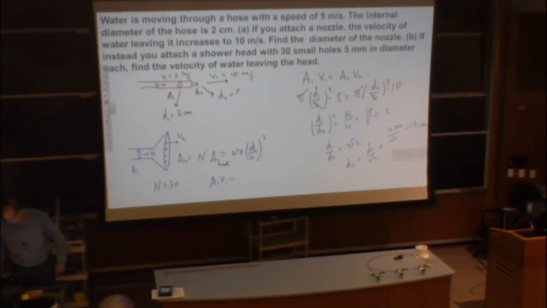A1 V1 should be equal to n times pi times the diameter of a single hole over 2 squared times V2, and solve it for the speed wherever it is. It's a very straightforward calculation usually. So you just need to keep in mind the area open, available to fluid should be a part of the consideration.